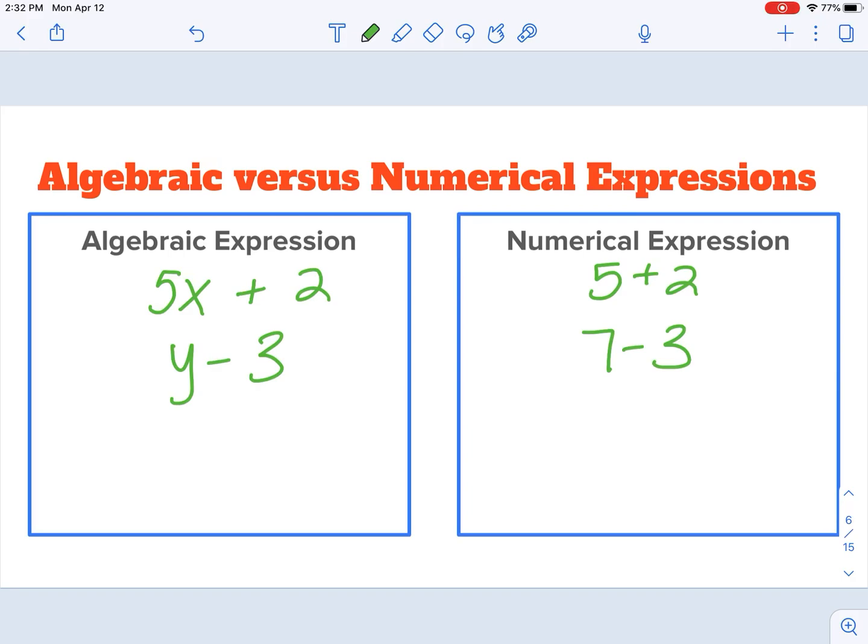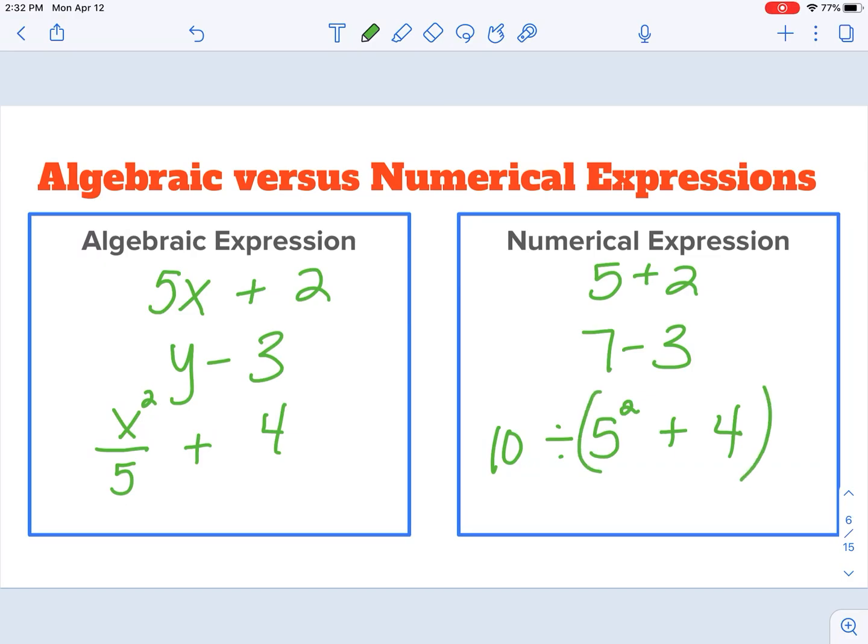We can make them longer. We can do x divided by 5 plus 4. And here I could have 10 divided by 5 plus 4. Okay, we can put exponents in there. We can put parentheses in there.